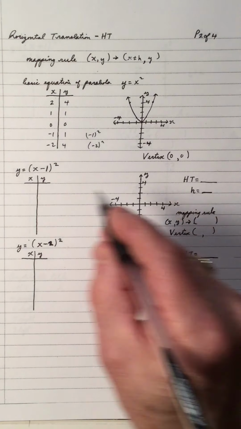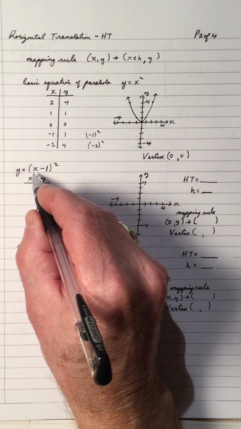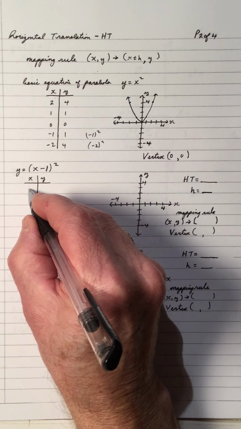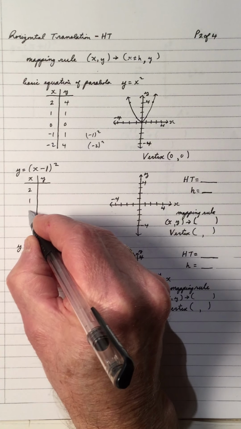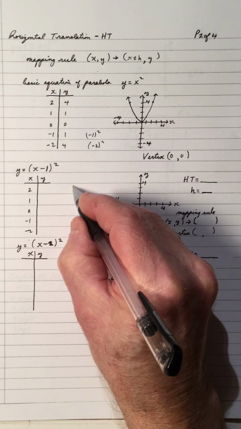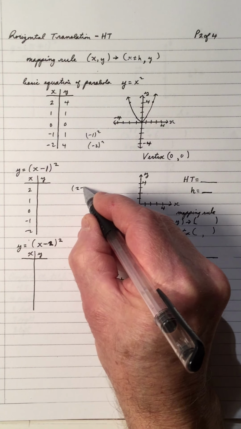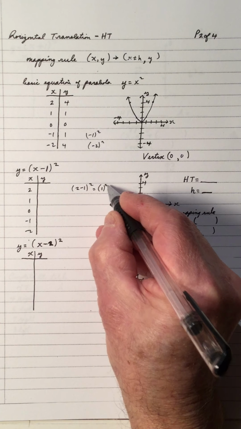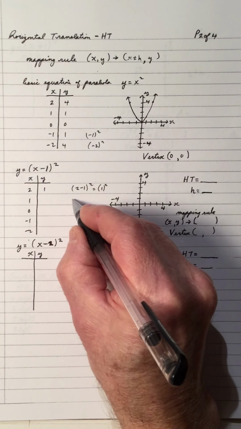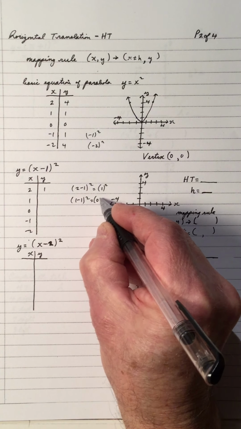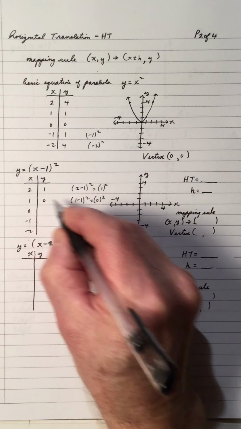So let's look at y equals (x minus 1) all squared. Well, we can take values of 2, 1, 0, negative 1, negative 2. So let's put a 2 in. 2 minus 1 squared is 1 squared, which is 1. And 1 minus 1 squared is 0 squared, which is 0.